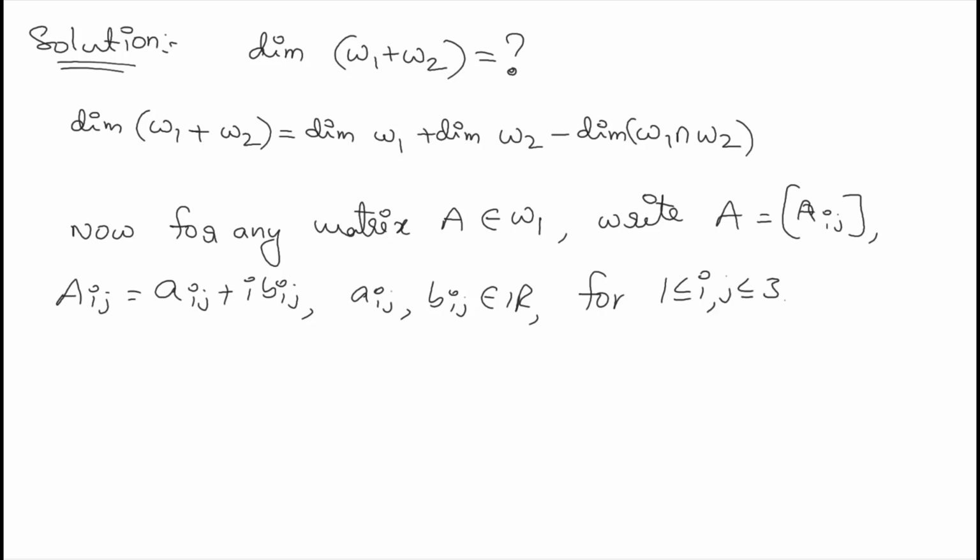That means the matrix A is written in 3 cross 3 form with the entries as Aij plus i times Bij, since the matrix is with complex entries.